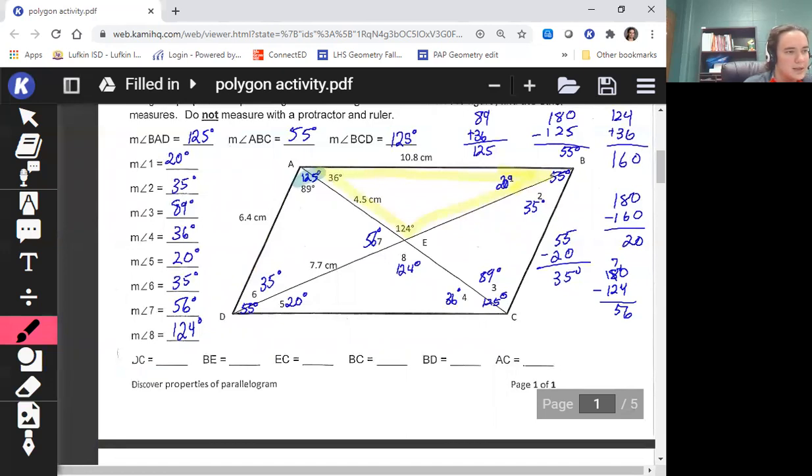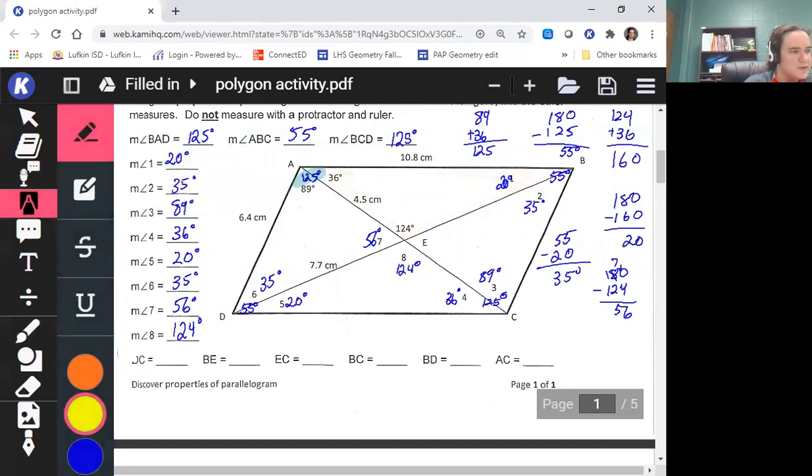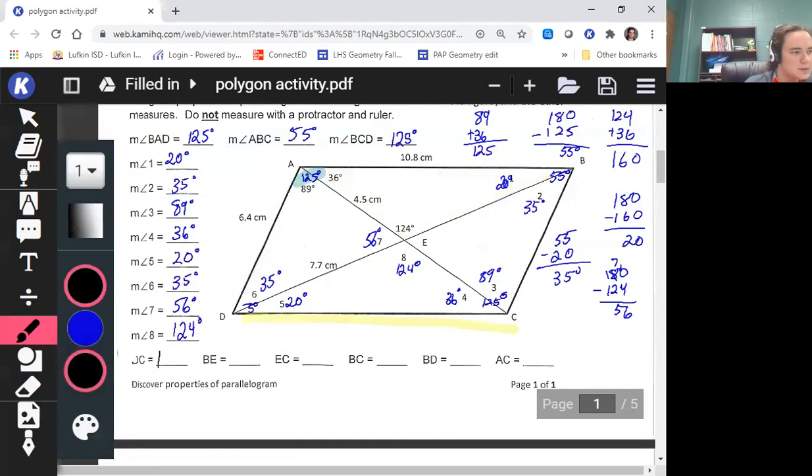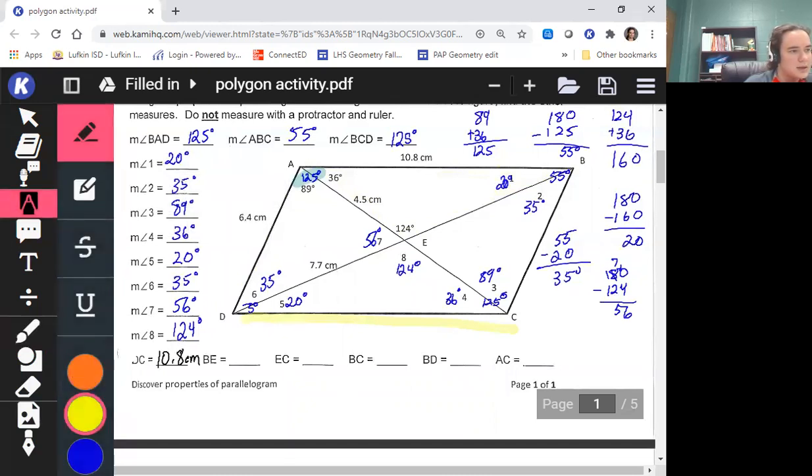Now we're looking at lengths. First off, we're looking at DC. DC is this side, and it's parallel and congruent with AB. So it's 10.8 centimeters. Then I'm looking for BE. BE is here, and BE is part of our diagonal.